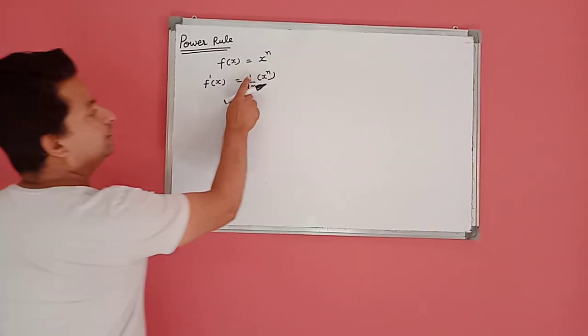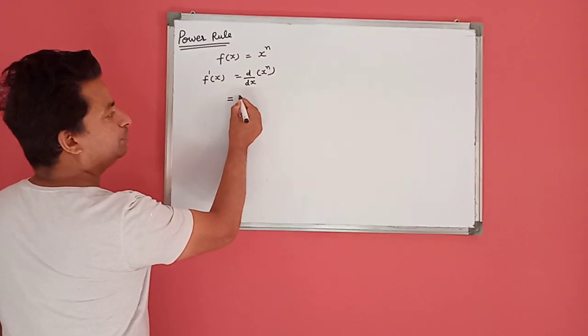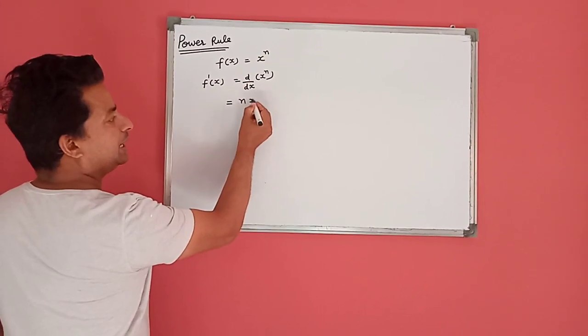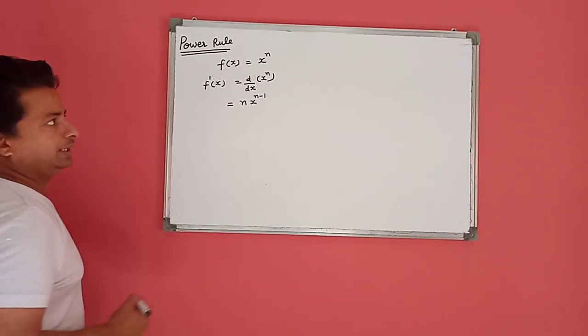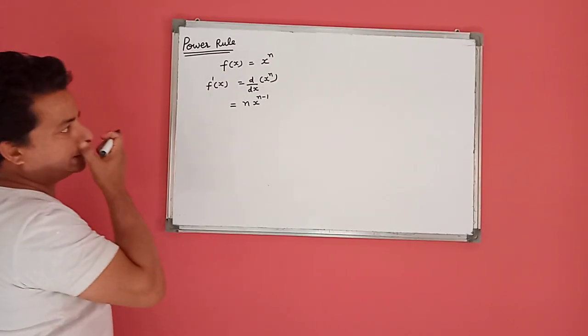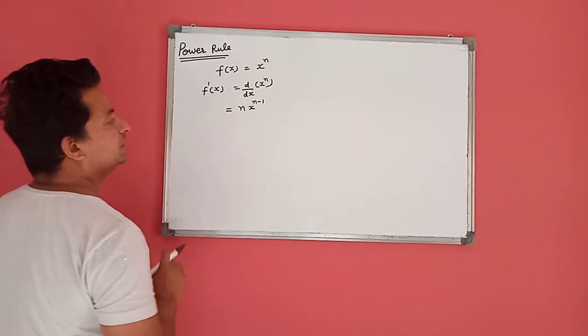This is called the derivative. In the power rule, we take the power in front and subtract 1 from the power.